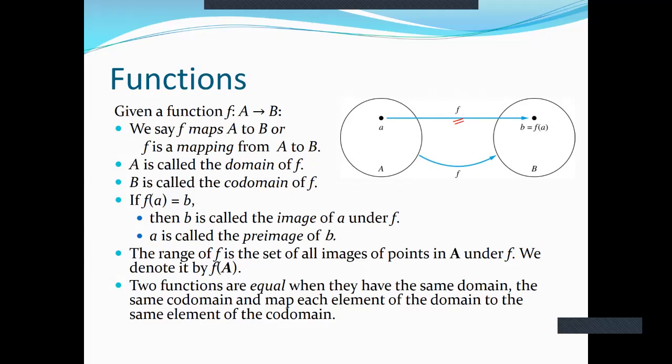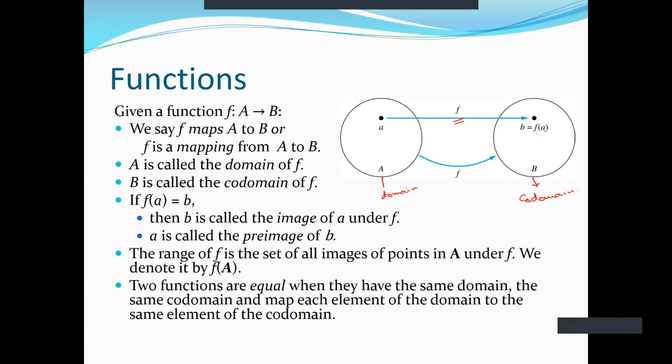So this A is the domain, and this B is the codomain. And when A is mapped to B with the function f, we call B equal to f(a), or f(a) is equal to B. We already discussed this in the previous slide.